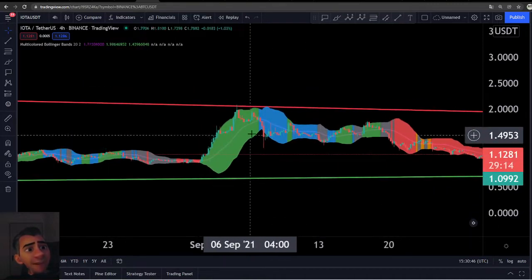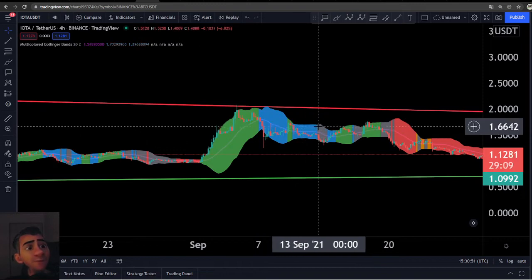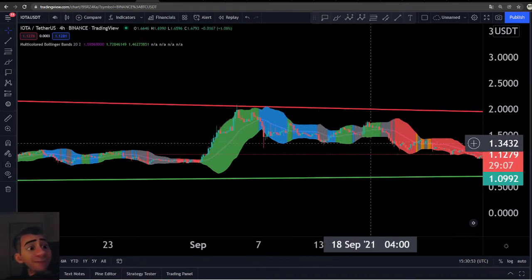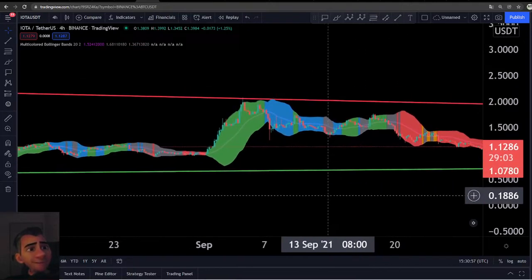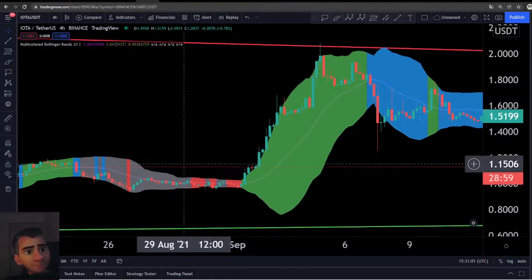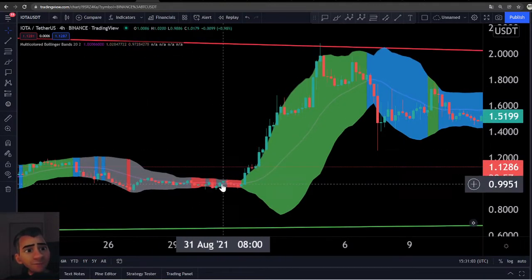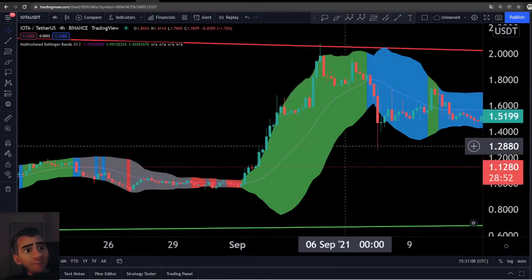We saw a nice pump to the upside. After this, a blue, green, blue, gray, blue, green, and then a red and orange line color here. So what does it mean? First of all, we saw here on the downside these colors, a red one, a gray one, and after this red one, we started with a green one. This was a nice pump to the upside.